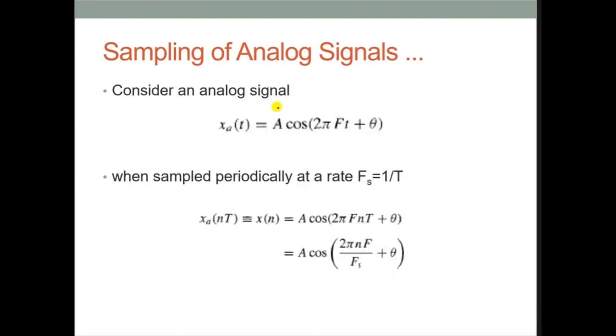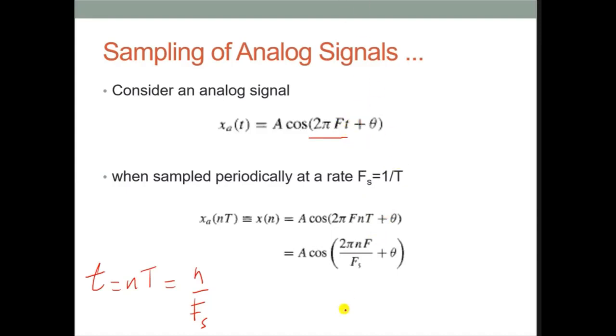Now when we want to convert the analog signal into a discrete signal, we simply substitute this persamaan with nT, or n over Fs. So remember the relationship again: t equals nT equals n over Fs. So simply substitute the t.